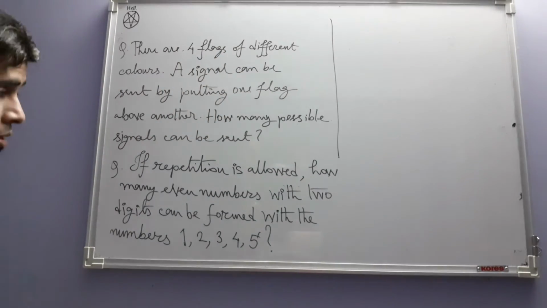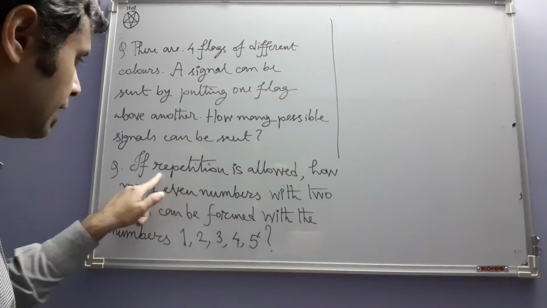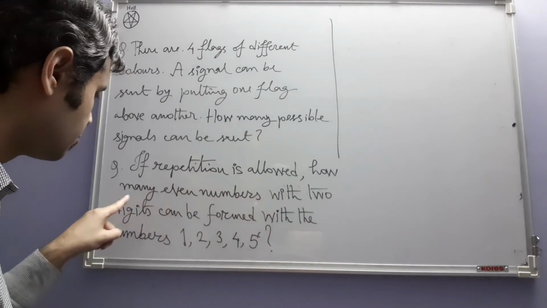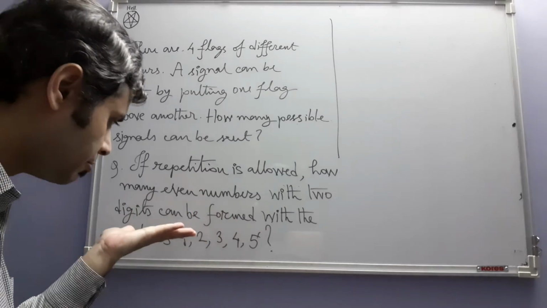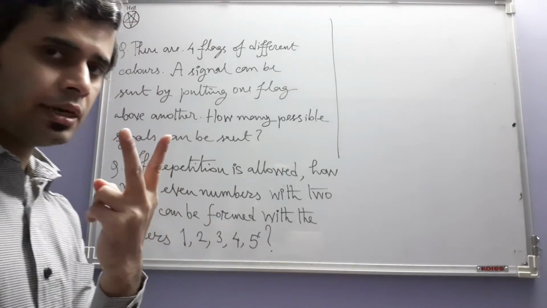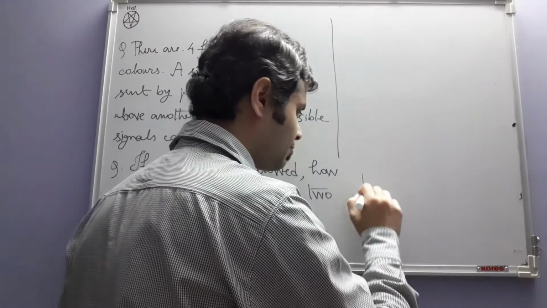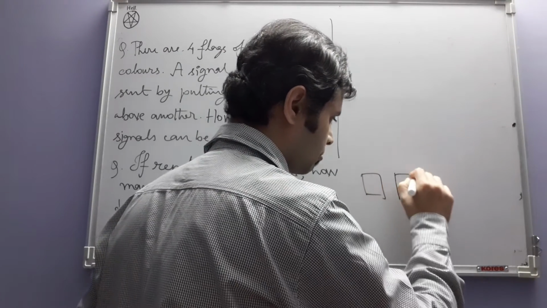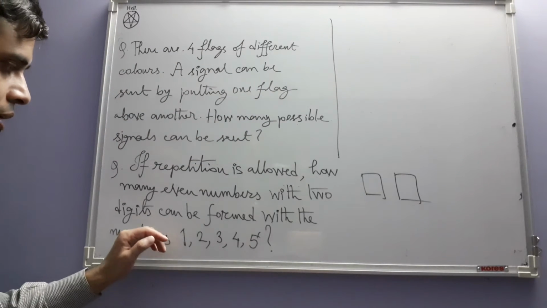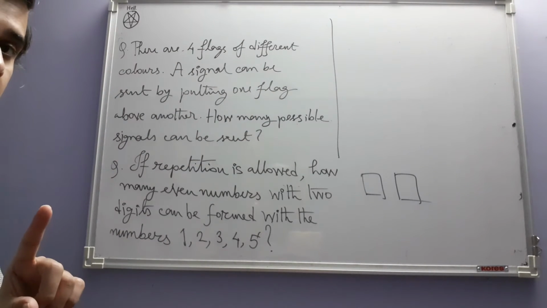So now what is said here? If repetition is allowed, how many even numbers with 2 digits can be formed with these digits? Okay, now 2-digit numbers. So I have 2 places. But keep in mind, the numbers have to be even.